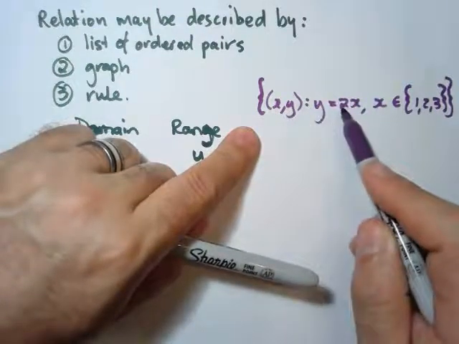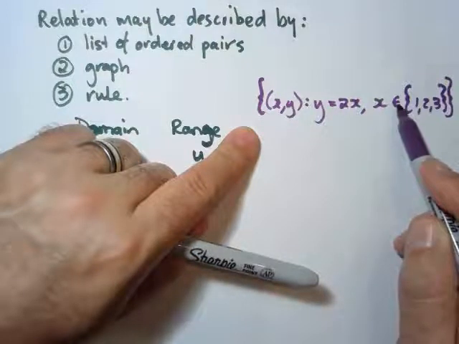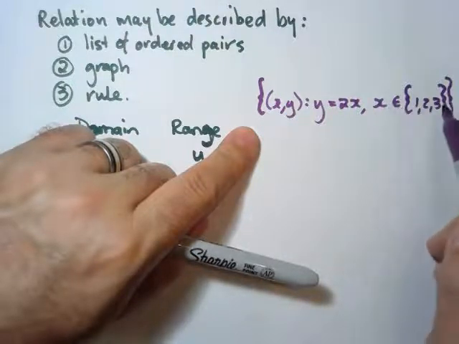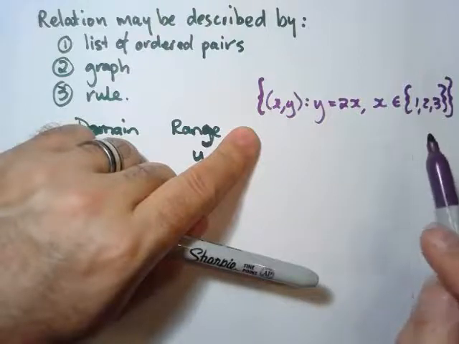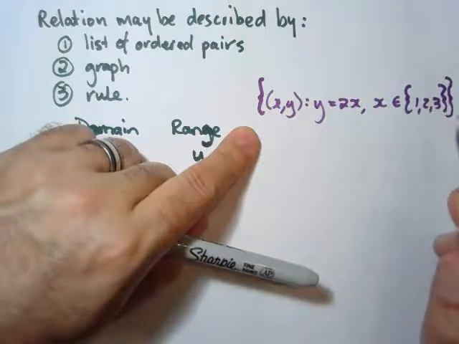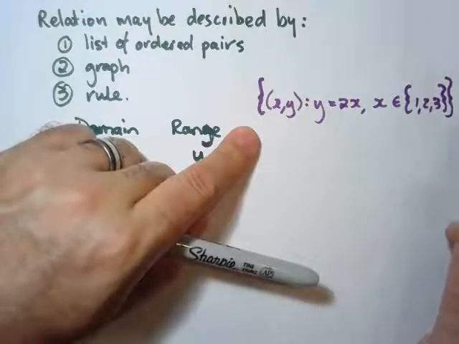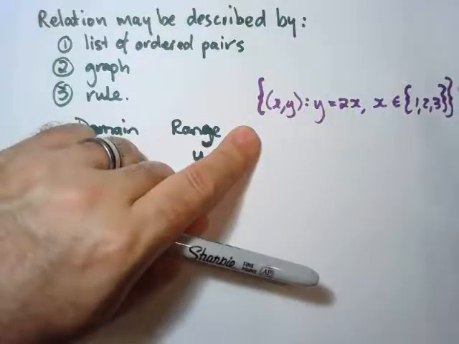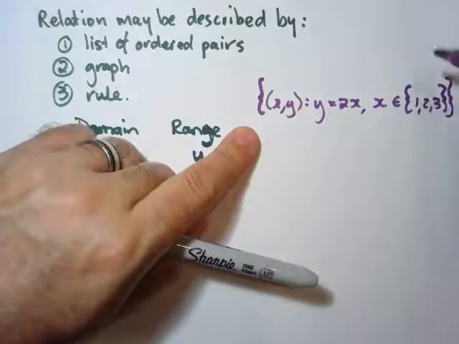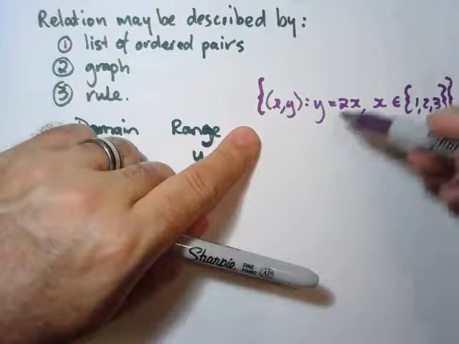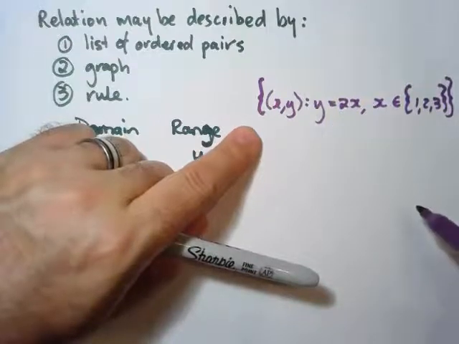But this only counts where x is an element of 1, 2, and 3. So immediately you should think, right? If x is only 1, 2, and 3, then these are discrete values. It's not continuous because it's only 1, 2, and 3. So if I draw a graph, it's going to be points. It's not going to be a line.